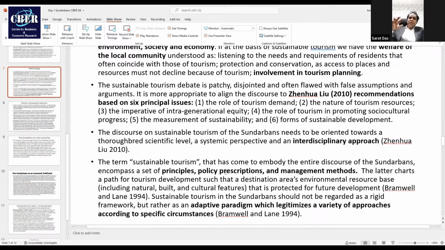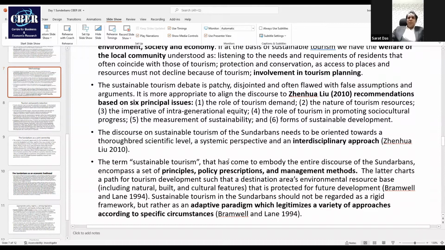And the other thing is, as I mentioned, that it has to be not only an interdisciplinary approach, which I picked up from Liu's recommendations on the six principal issues, but also a cross-disciplinary approach.